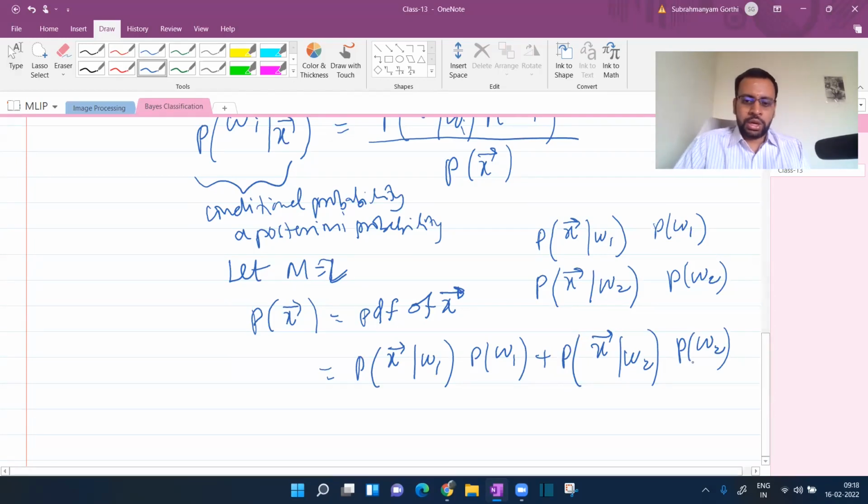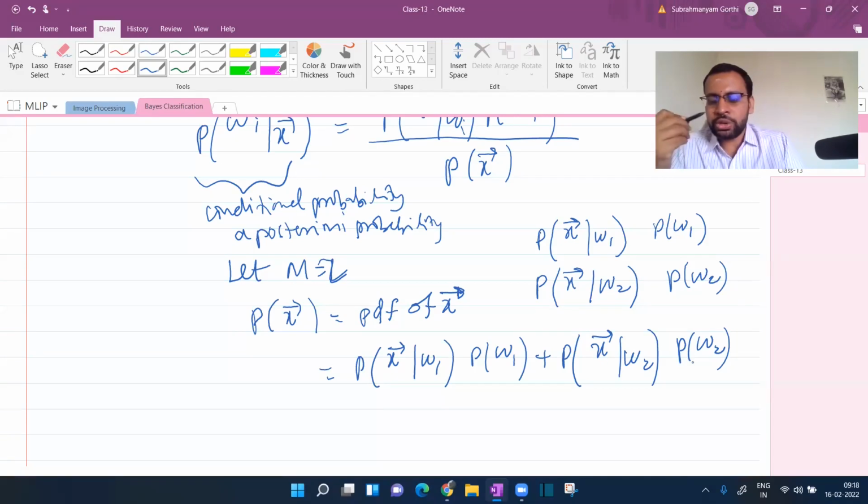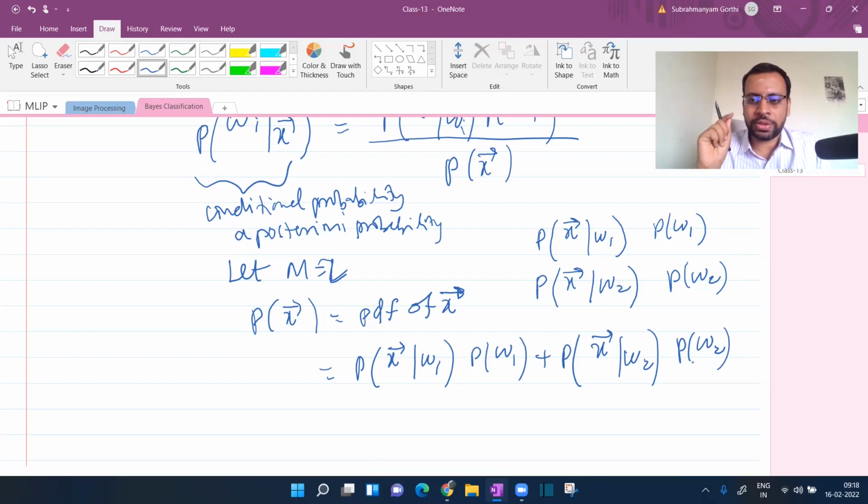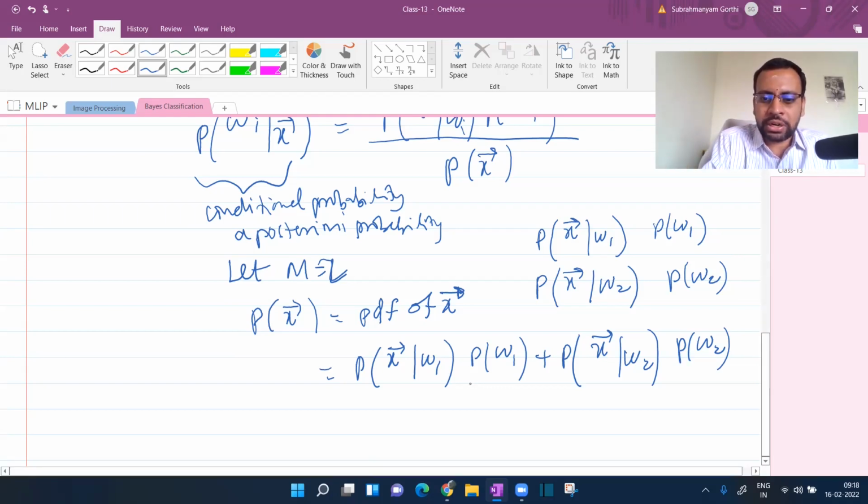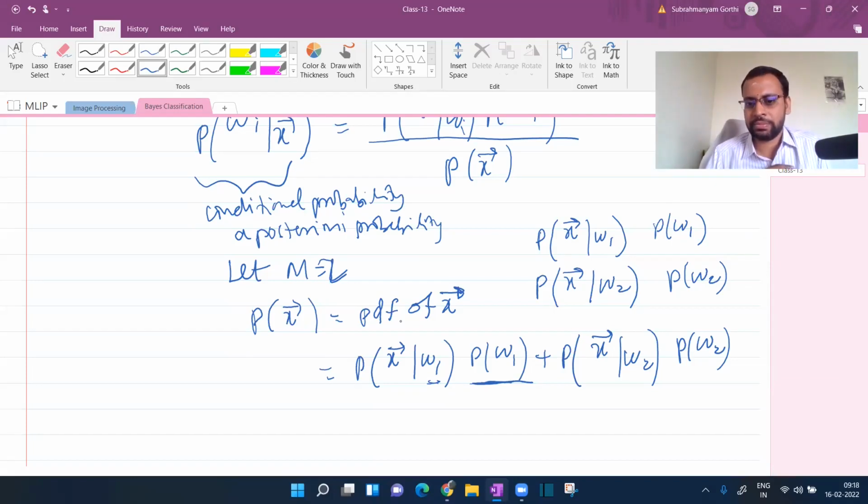Suppose I tell you that it belongs to class omega 1 with a probability of P of omega 1. Now it is given; all you need to do is find, given that it belongs to omega 1, the probability of having this feature vector x bar in that class.